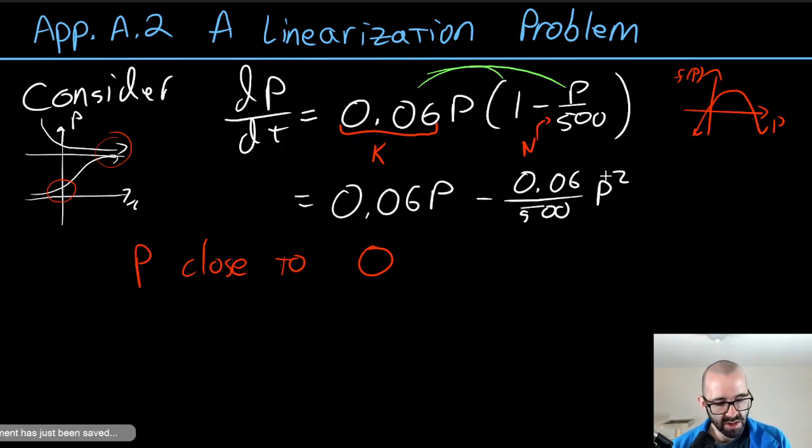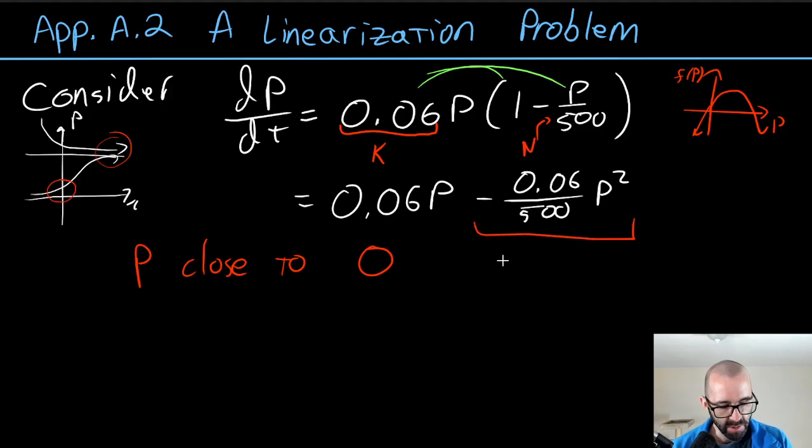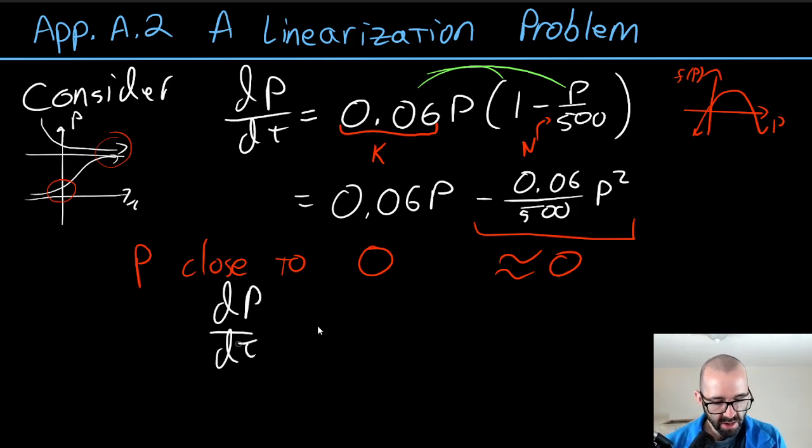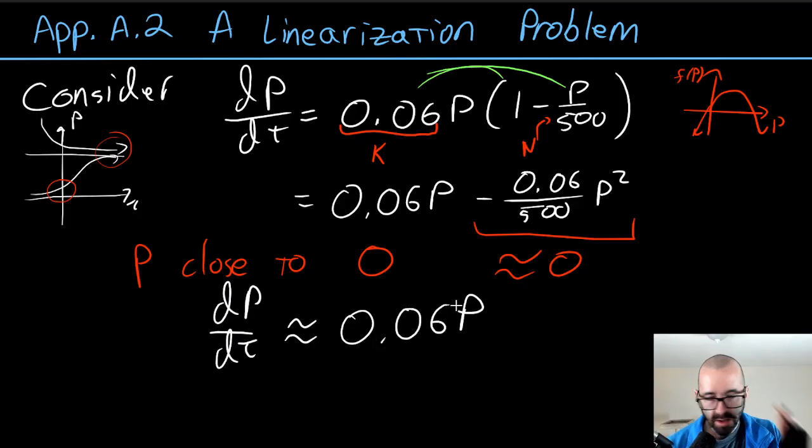So if p is close to 0, then this term is basically 0. So if p is close to 0, then we can approximate our differential equation with just the linear term. Again, the idea being that if we're curious around here, we'll zoom in over here.